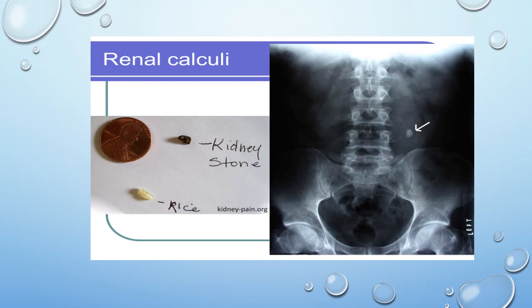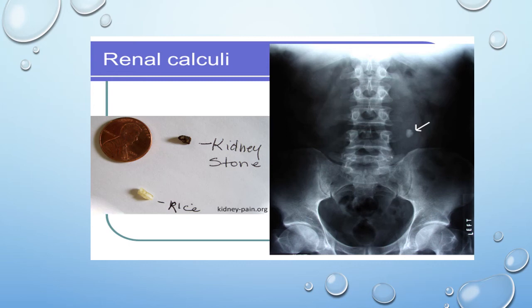You can pass it yourself, which, from my understanding, I was fortunate enough never to have to do, it can pass itself. And imagine trying to urinate out through your urethra something like shards of glass. Okay. Another thing, if there's several of them or it's too big to pass, we can try waves, if you will.